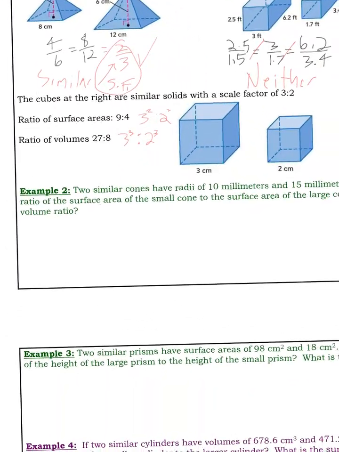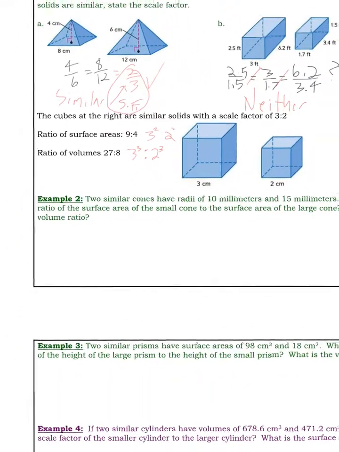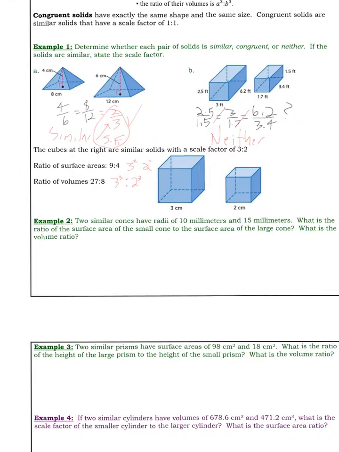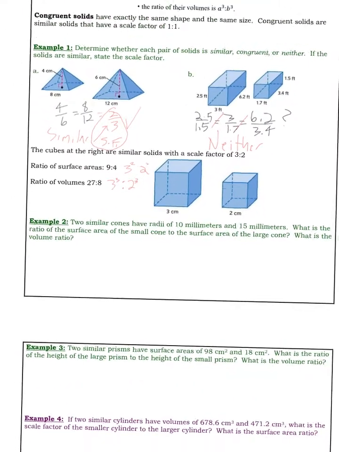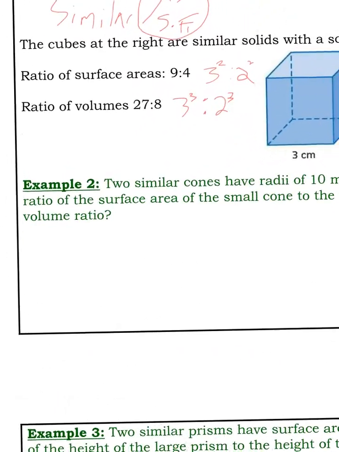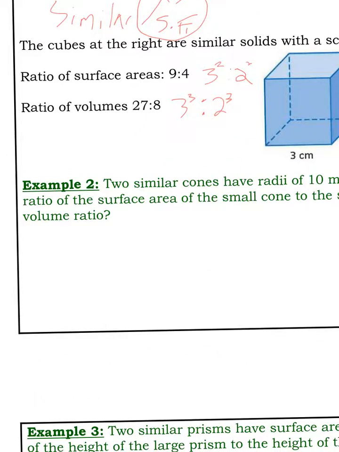Two similar cones have radii of 10 millimeters and 15 millimeters. What's the ratio of the surface area of the small cone to the large cone, and what's the volume ratio? The first thing I'm going to do is the ratio of the surface areas. So you're going to have to square it.